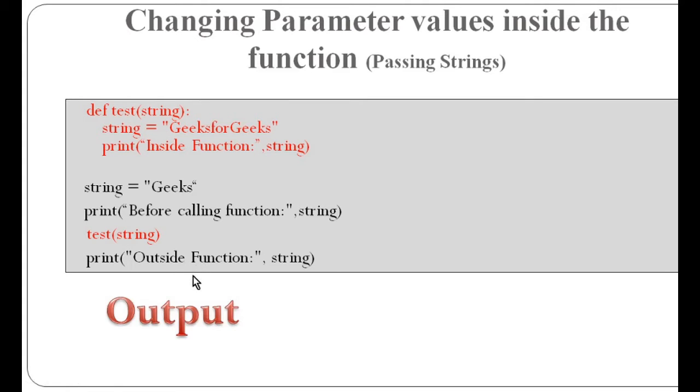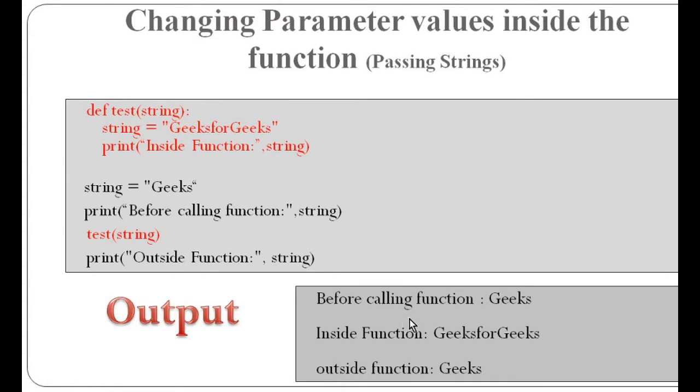So my output will be, before calling the function it will be gx, and when I call the function, inside the function it will print gx for gx, and then outside the function again gx gets printed. That means I am not able to change the value of the string inside the function.